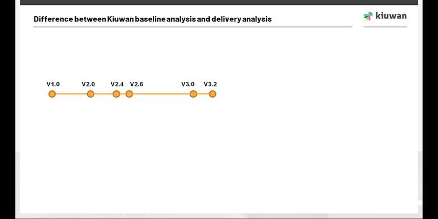So when you want to know what is the exact health of your application, what is the exact status of your application, you can run a baseline analysis in order to take a picture of your application and to understand exactly how is the security and quality of your software. The main advantage of a baseline analysis is that you can compare two different versions.